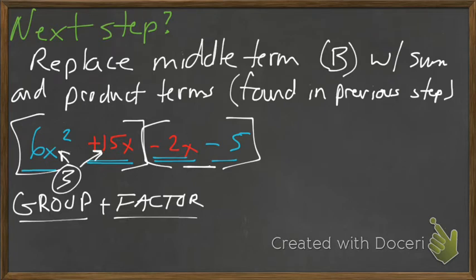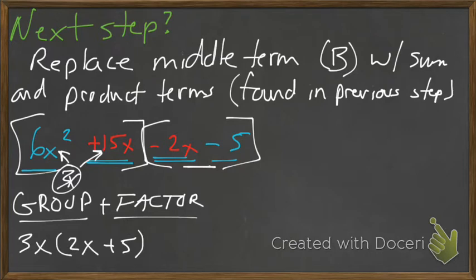So we would end up with 3x bracket. If I take 3x out of this 6x squared, I'm left with 2x. And if I take 3x out of this 15x, I end up with, look at that, 5. Yeah, I think so.